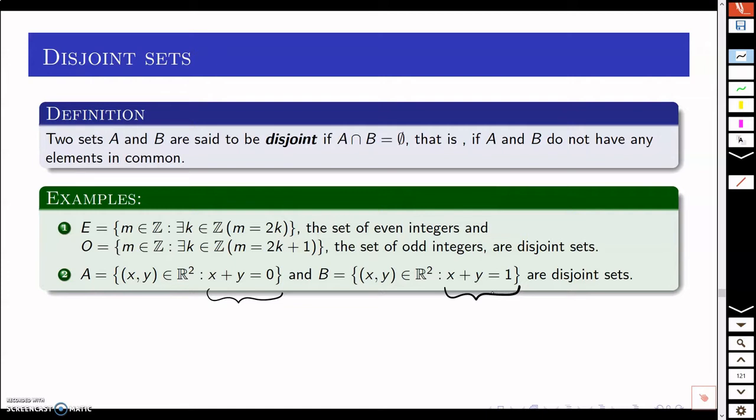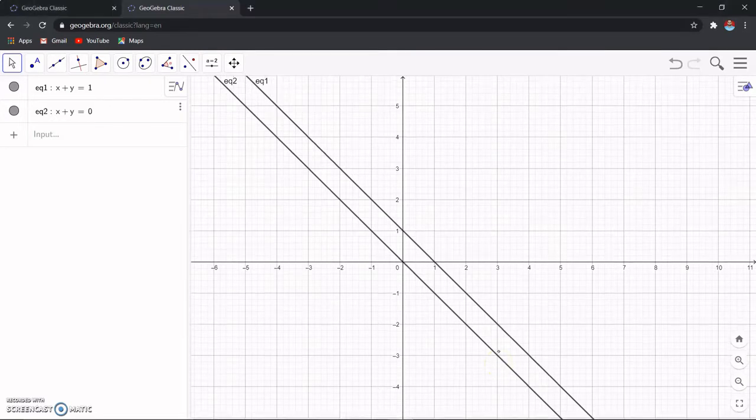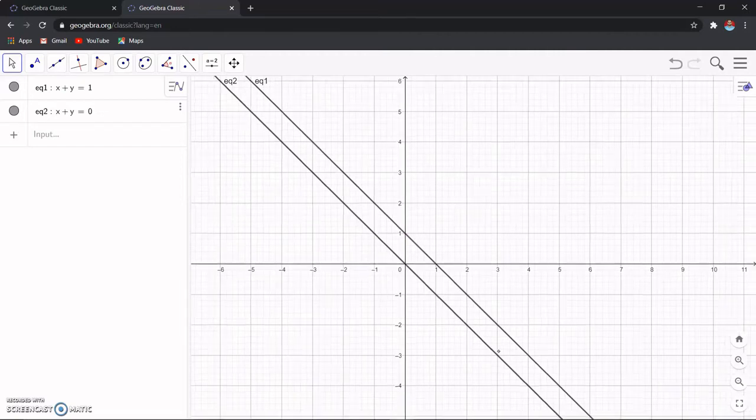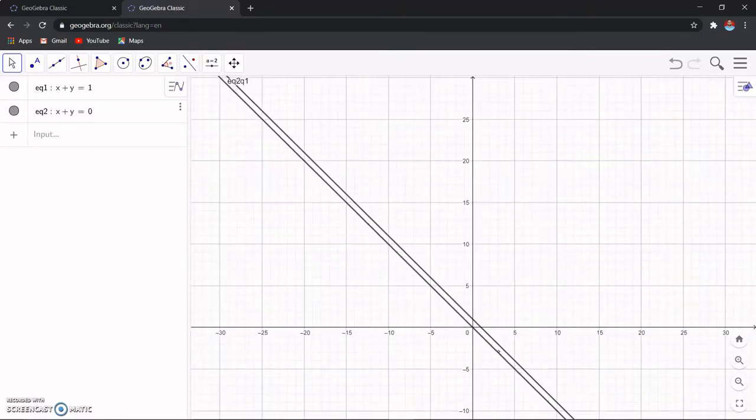So let me show you the graph of A and B on the xy plane. The line which is passing through the origin is your set A, and the line above is the set B. You can see that they are parallel to each other and hence they will never meet.